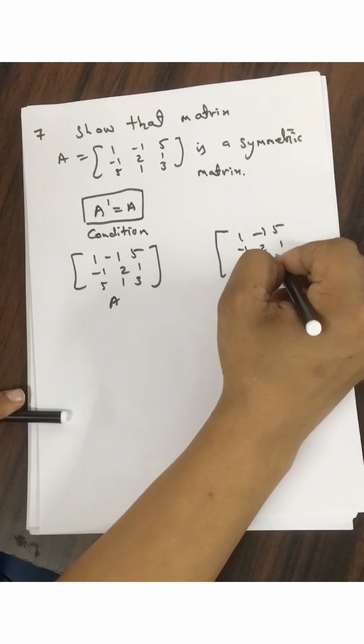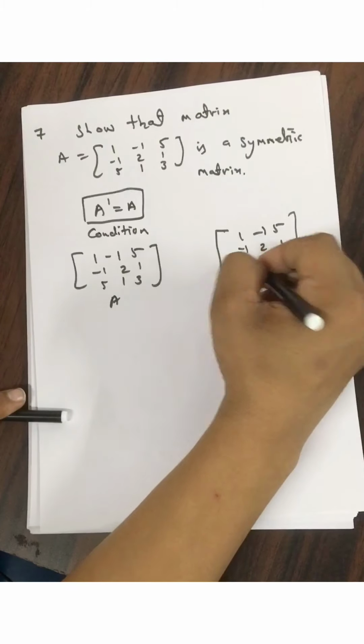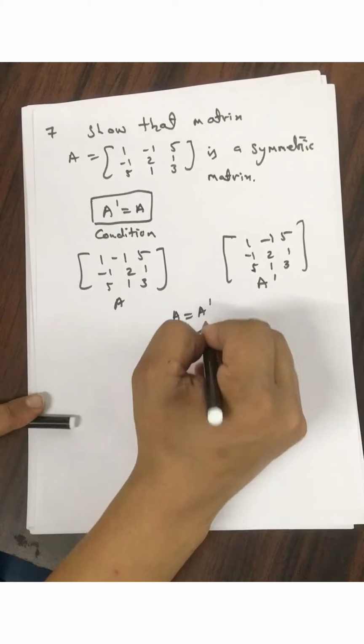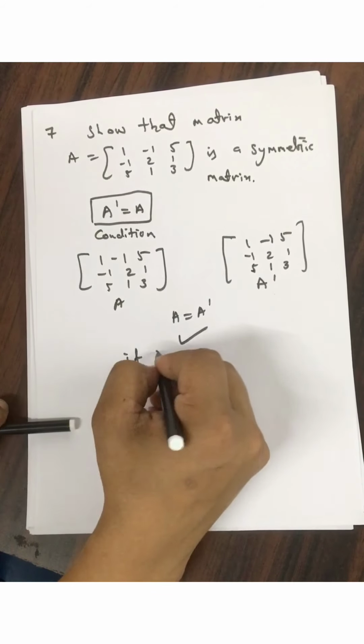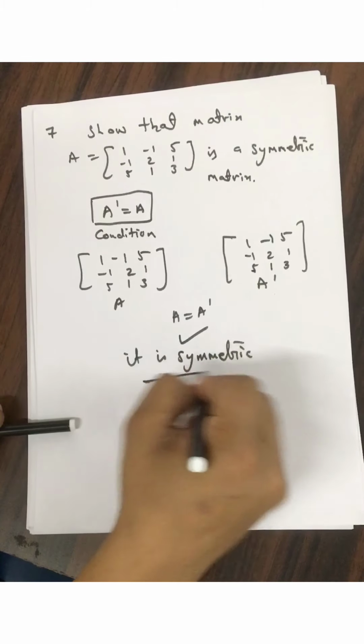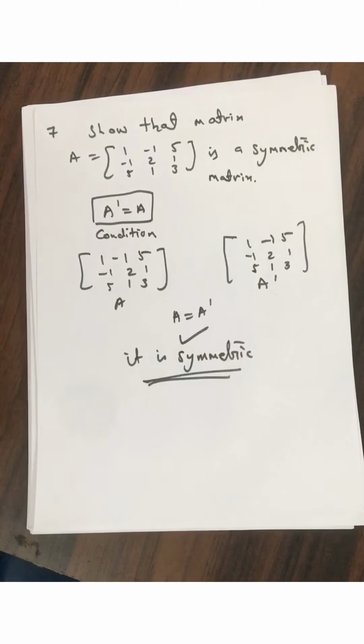Oh yes, it's coming the same. When we change, A dash equals A. So this is symmetric. Got it? Very simple.